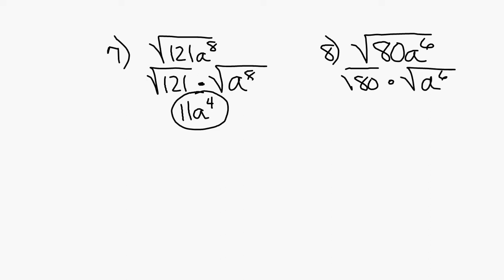The square root of 80 is equal to the square root of 16 times the square root of 5, and the square root of a to the 6th is the perfect square. That's equal to a to the 3rd. The square root of 16 is equal to 4. So you've got 4 times a to the 3rd, which is 4a to the 3rd, times the square root of 5.